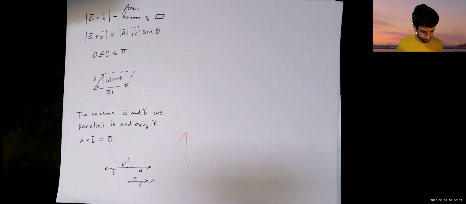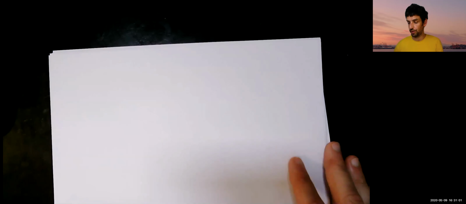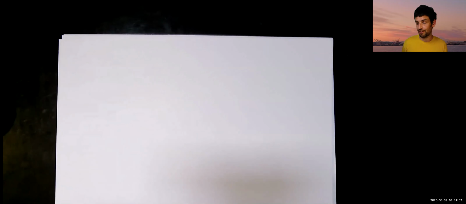Okay, so let's do one other thing with our cross product before I jump into a few more properties. One of the things we like to do with these vectors and the cross product, finding perpendicular vectors, turns out to be very important.